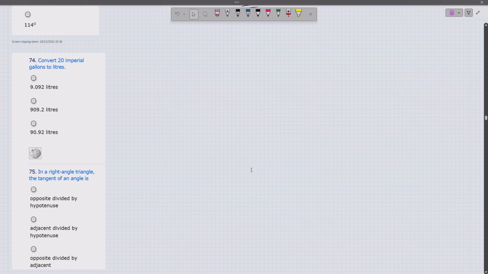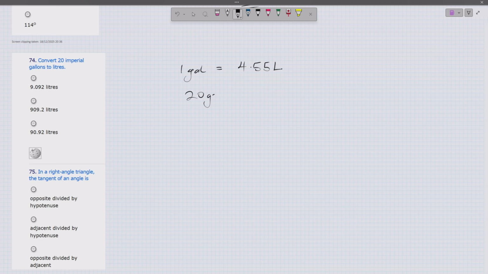Question 74. Convert 20 imperial gallons to liters. So we know 1 imperial gallon is approximately 4.55 liters. So 20 gallons would therefore be 4.55 times 20.